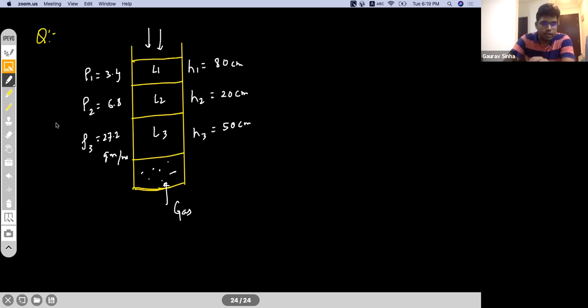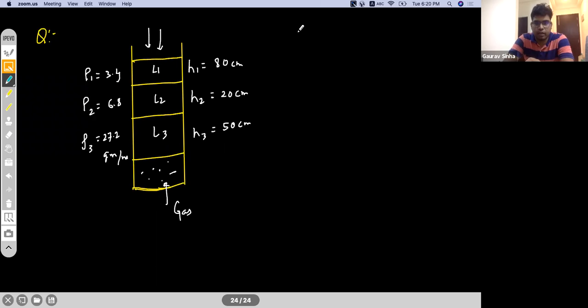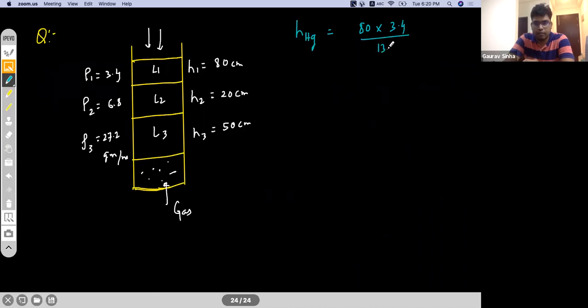See, what we need to do again, corresponding to this height, what should be the height of the mercury column which exerts the same pressure? So with that formula, we can directly find out. For the first liquid, H of Hg should be 80 into 3.4 divided by 13.6. This is 20 centimeter.